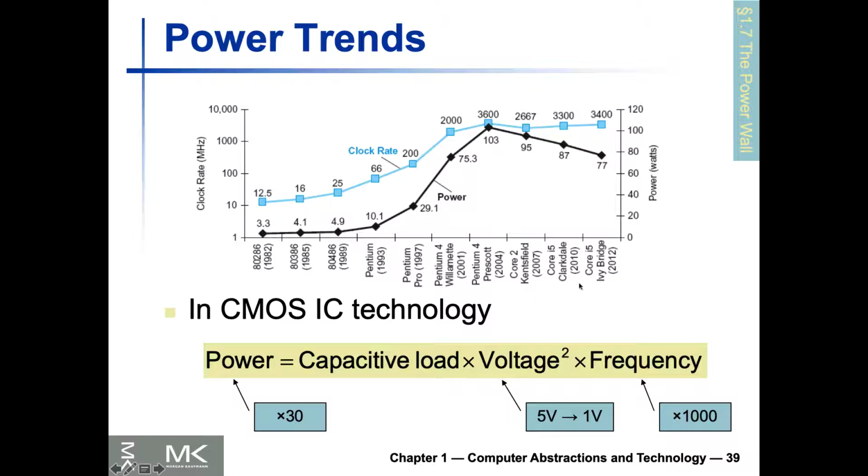So you see the clock rate actually went down because that was the first time they hit the power wall. Pentium 4 was a very performant architecture, very popular, but it was consuming a lot of power. And they couldn't simply afford to go higher because the power would just surpass 100 watts, which was a lot. You can't afford to have a personal computer with a single core spending this amount of power.